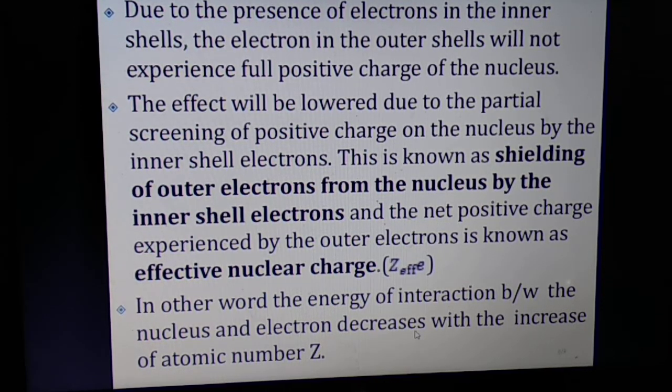This is very important, students. Already I discussed why the size of the element decreases from left to right in the periodic table and increases from top to bottom. So what is the shielding effect, students? The effect is lowered due to partial screening of the positive charge on the nucleus by the inner shell electrons.